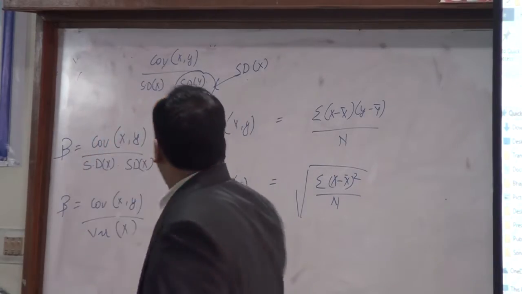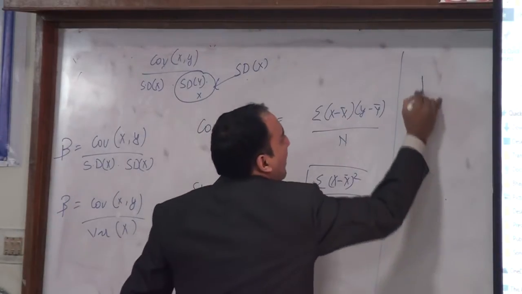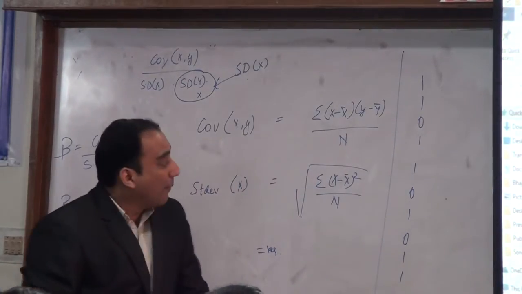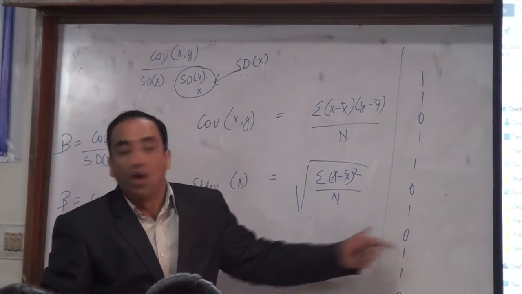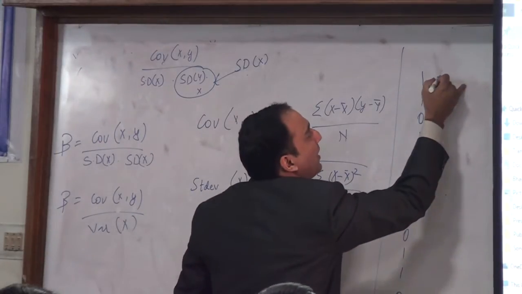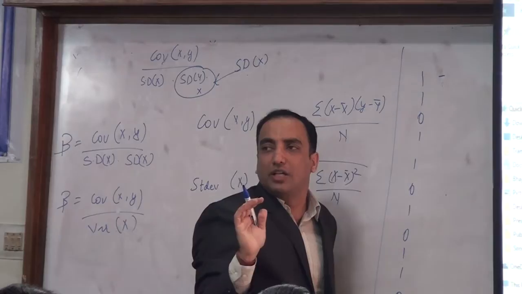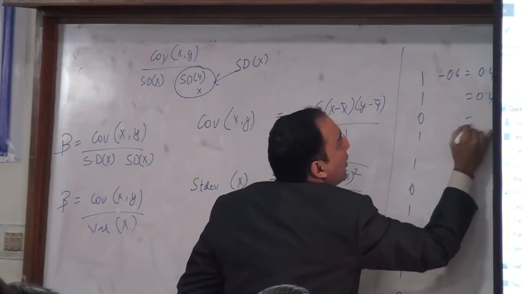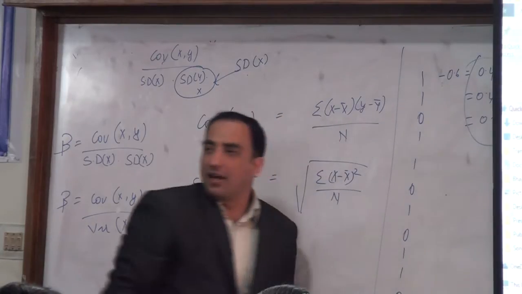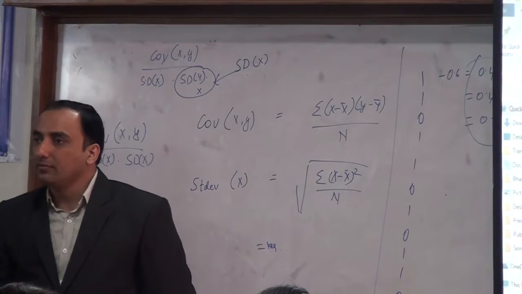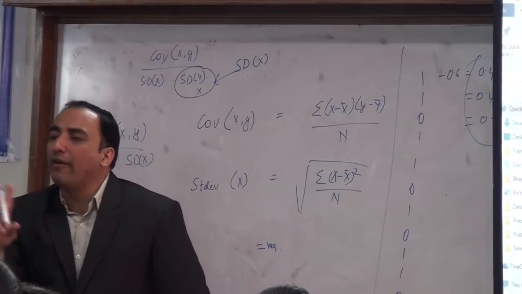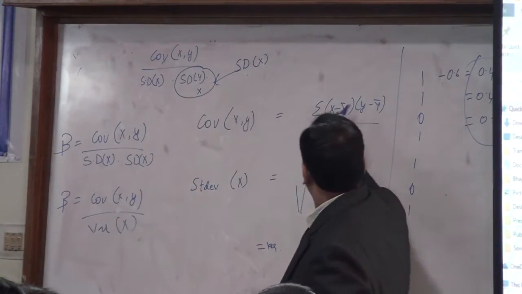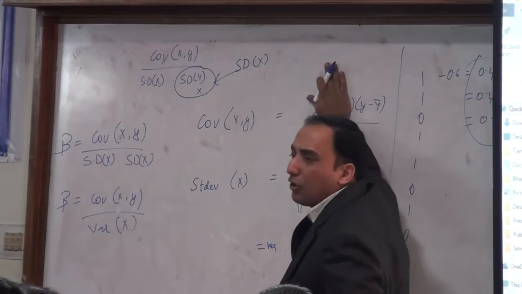Just think about this mathematically and you will understand everything. Suppose I have a variable 1 1 0 1 1 0 0 1 1 1 0. I will take its mean, say the mean comes to 0.6. So 1 minus 0.6 will be 0.4. Does this mean anything? Covariance is the variation between two quantities, and now one of them is not varying at all.